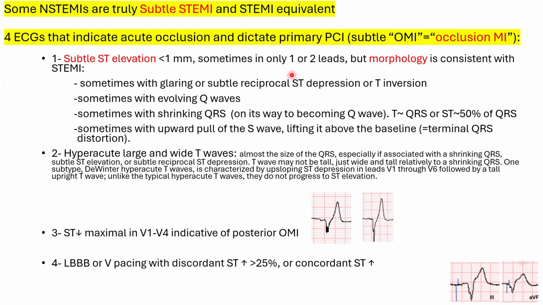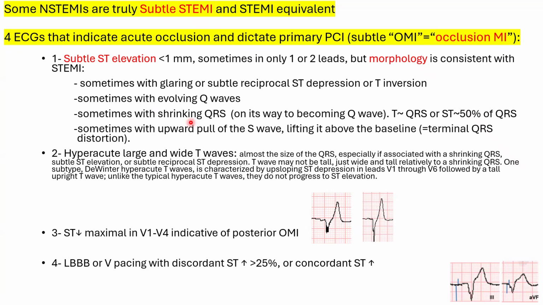Sometimes it's only in 1 or 2 non-contiguous leads, and it's mild, less than a millimeter, but the morphology is consistent with STEMI, and you have any of the following: either a glaring or subtle reciprocal ST depression, or not even ST depression, T inversion, or you have evolving Q waves, or you have that shrinking QRS that I like so much.